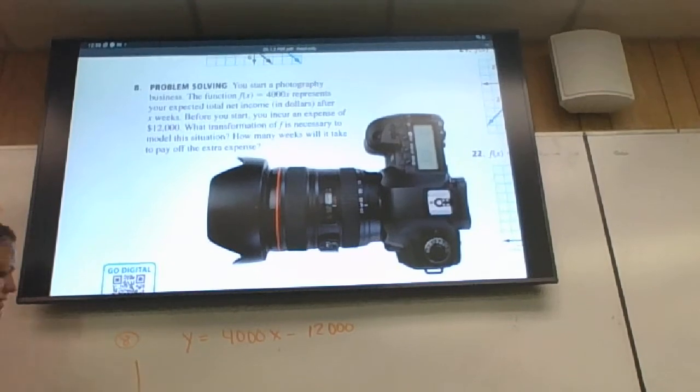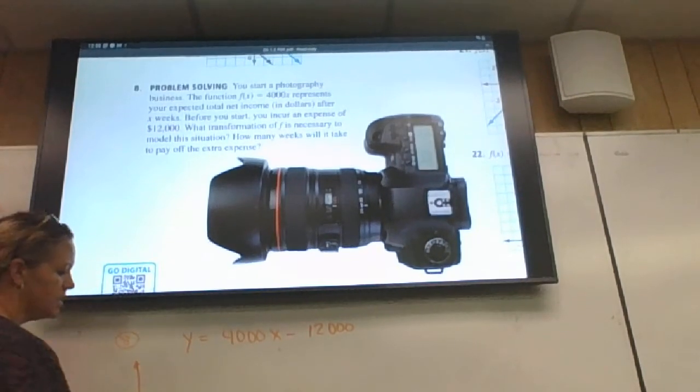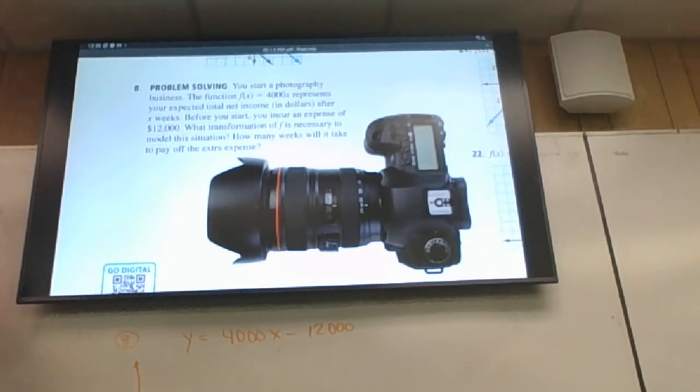Okay? So when it says what transformation does that represent? This is your income with no expenses. You're starting at 0 and you're going up $4,000 a week. This is a vertical translation down 12,000.